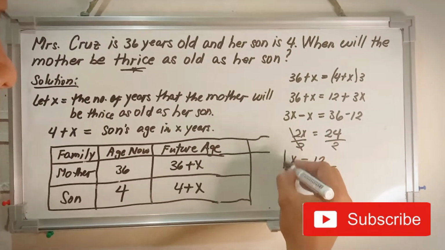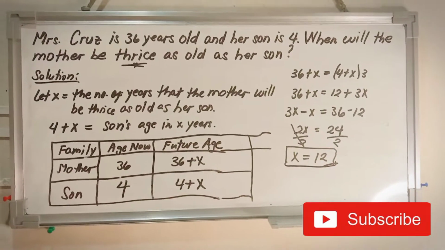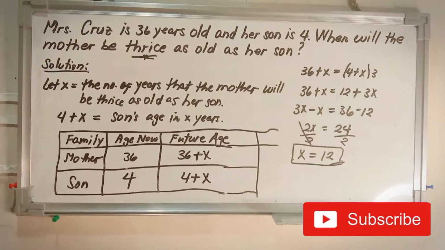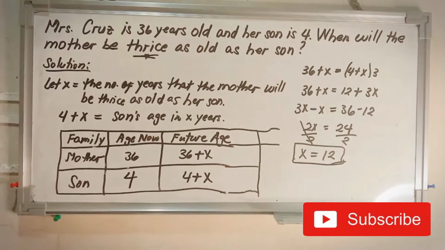So this is the value of the number of years that the mother will be thrice as old as her son. So x is equal to 12.